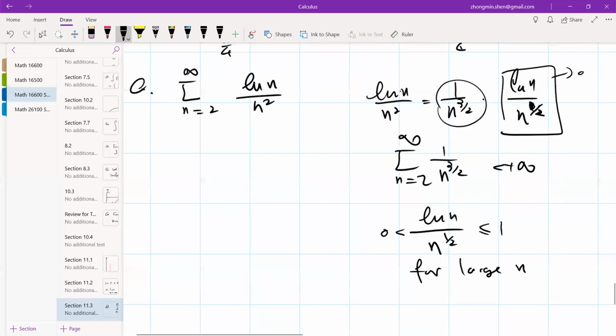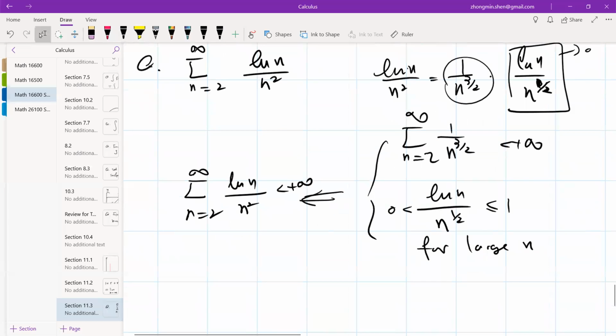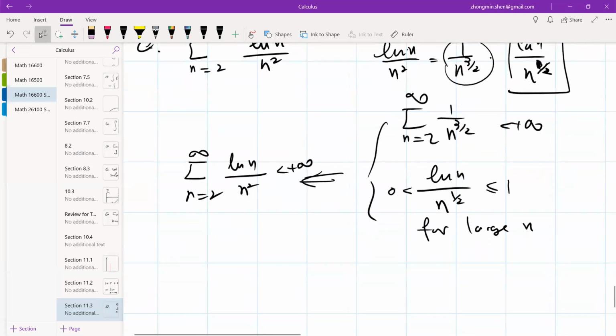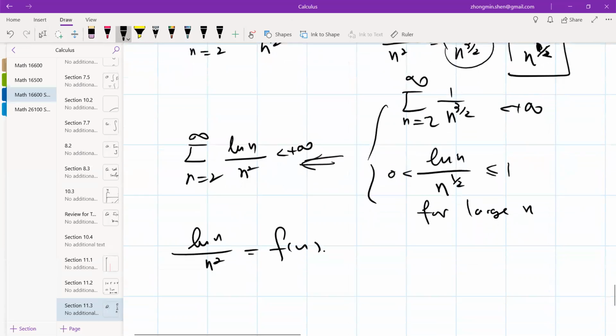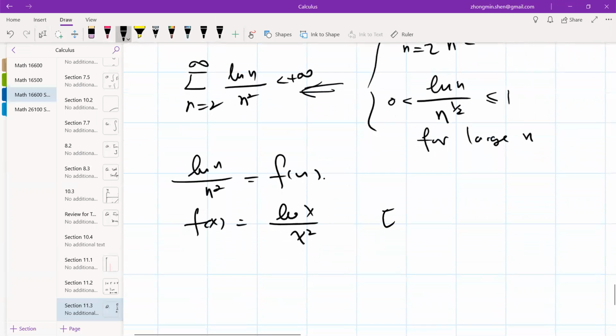So combine this, we get some idea. This is going to be finite. Okay, this is going to be finite. But if you want, later you can use a comparison test to check. Okay, right now we have to use the integral test. 1 over n natural log n squared equals f of n, where f of x is 1 over x natural log x squared, on 2 to infinity.